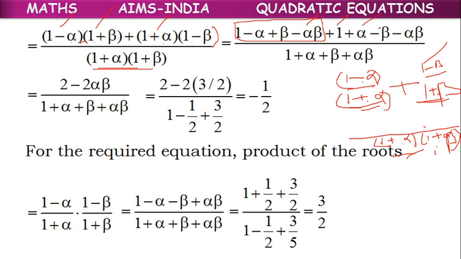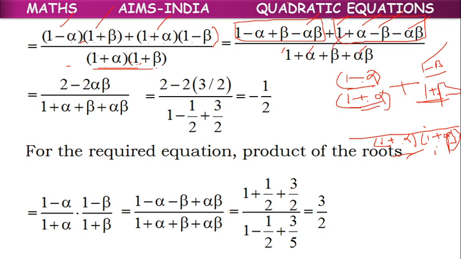Minus beta into 1, minus beta. Minus beta into alpha, minus alpha beta. This is the expansion of the second one. Both we have to add. So 1 plus 1, alpha, beta, alpha beta.